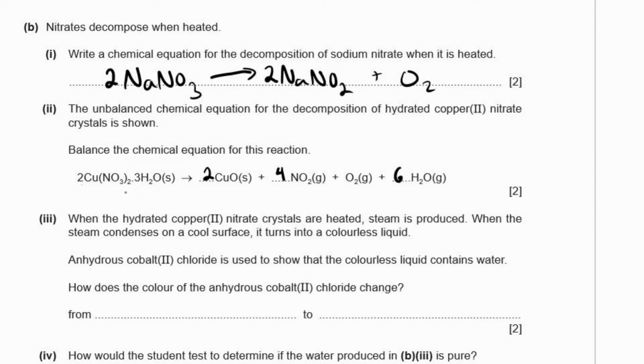So that is also 18. So it's 18 oxygens on both sides. As I said, the trick is that this 3 waters is included in this 2. So it's 2 times 3 waters. So it's 6 waters. It's 1 water for every salt.